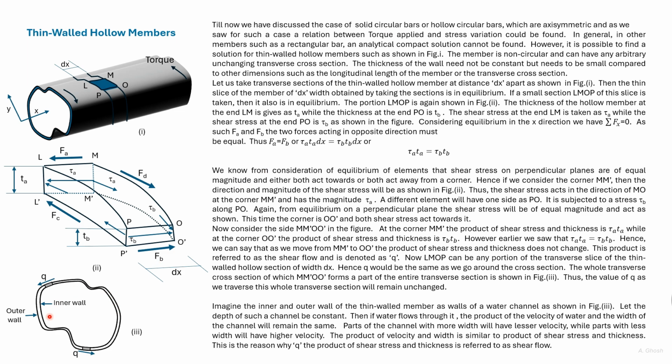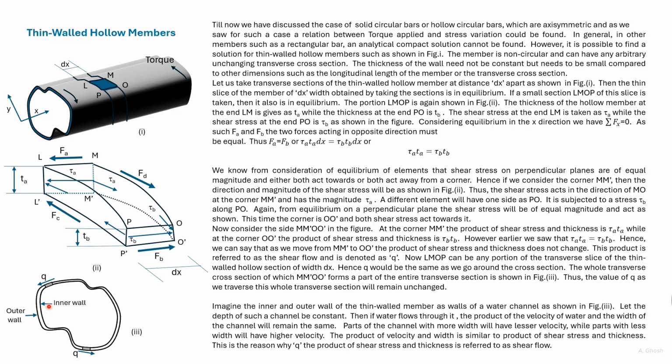Then we will expect that in the wider part of this channel, the velocity of water will be less, while in the thinner part of this channel, the velocity of the water will be high. The velocity of water multiplied by the width will be a constant.